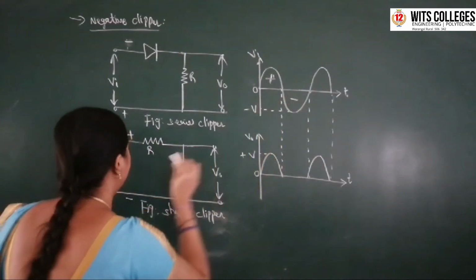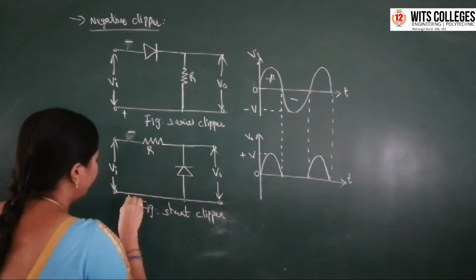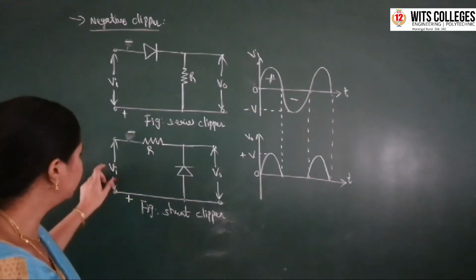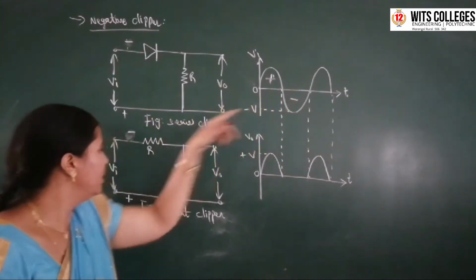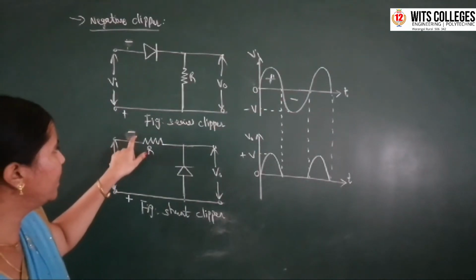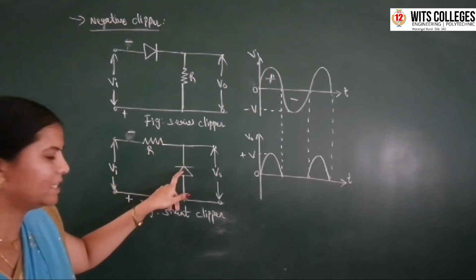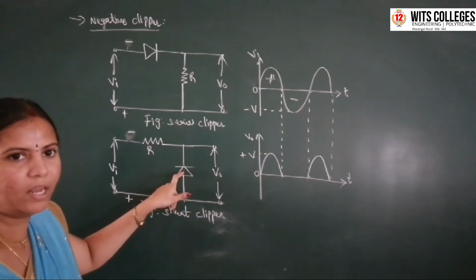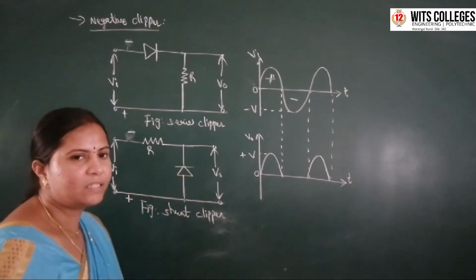During the negative half cycle, what will happen? It becomes negative and positive. Now this is the input signal we are giving here during the negative half cycle. So the diode acts in forward biased mode, and in forward biased mode the diode acts as a closed switch.